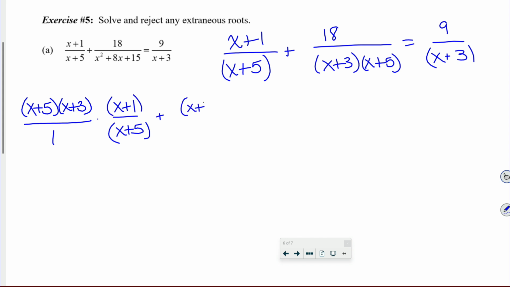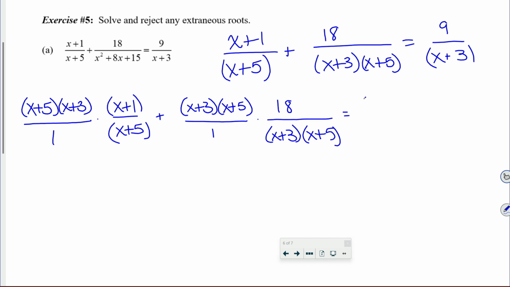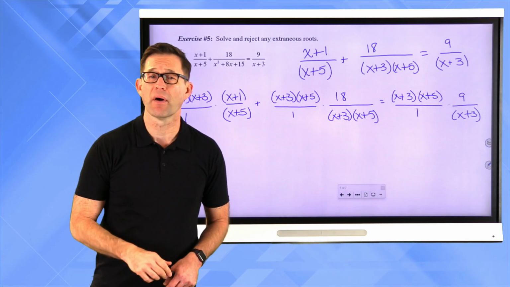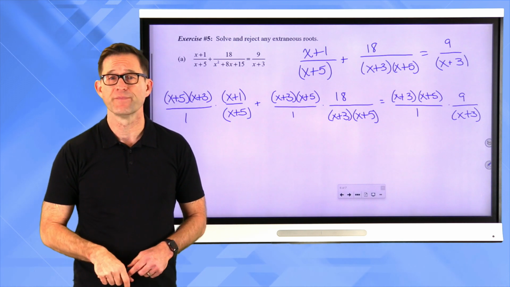Plus x plus 3 times x plus 5 all over 1, times 18 all over x plus 3 times x plus 5, is equal to x plus 3 times x plus 5 all over 1, times 9 over x plus 3. Again, all I'm doing is multiplying both sides of the equation by x plus 3 times x plus 5.